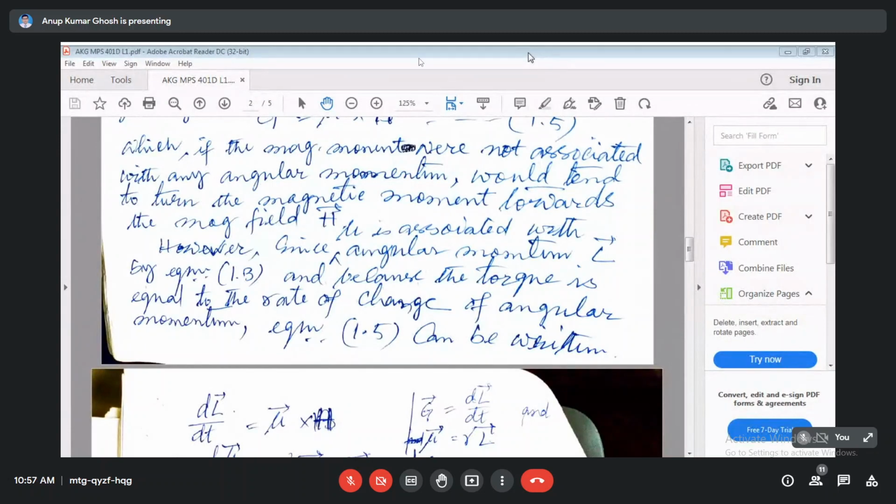So the magnetic field will orient the magnetic moment towards its own direction, but due to the presence of the angular momentum associated with the magnetic moment, which resists this orientation towards the magnetic field, instead of aligning towards its own direction, it precesses around the magnetic field.